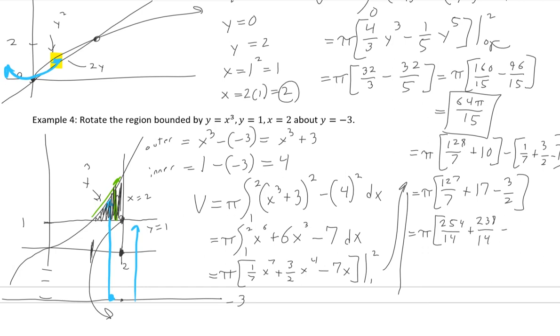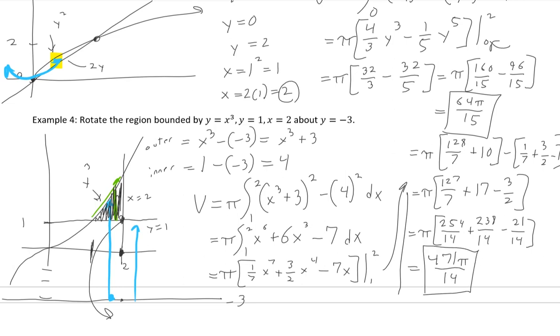And then 3 halves, so I really just need to multiply the top and bottom by 7. 3 times 7 is 21 over 14. So overall, that'll give me 254 plus 238, which is 492, minus 21 is 471 pi over 14.